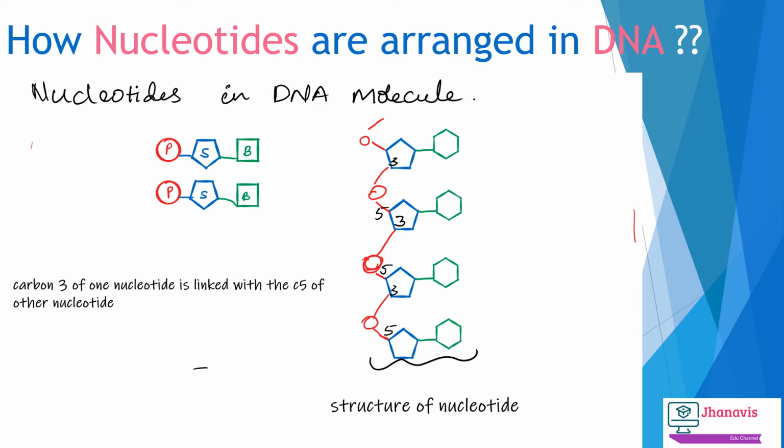The same way, the carbon 3 of the second nucleotide sugar will be linked with the carbon 5 of the third nucleotide sugar. This is the way through which the bond is formed between n number of nucleotides. This is the structure which is seen in the DNA molecule.